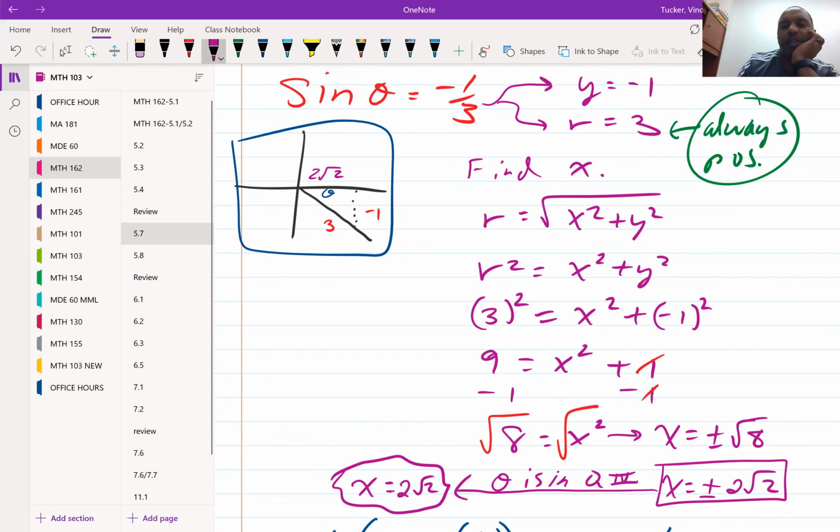Square both sides so we can get that square root off. 3 squared is 9. -1 squared is 1. Subtract 1 from both sides, that gives us 8. Take the square root of both sides, plus or minus square root of 8. So here we have a choice of doing plus or minus, but because of the quadrants that we have available, the only one that will fit is to use x as being positive. Theta is going to be in quadrant 4, because remember, y was negative, so that took us down to quadrant 4.